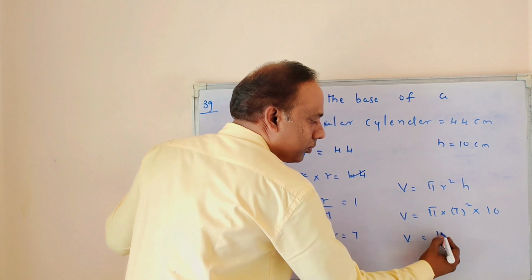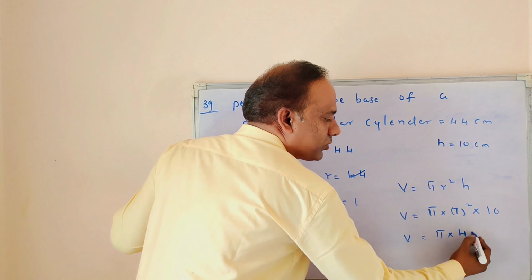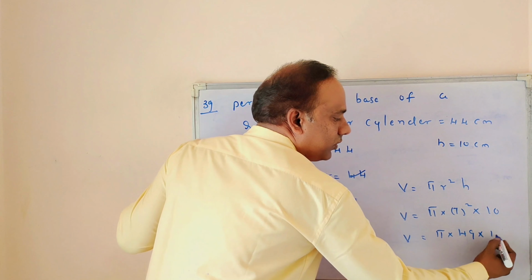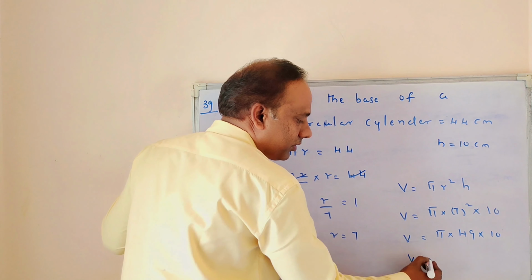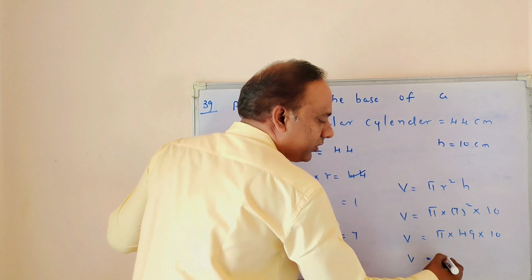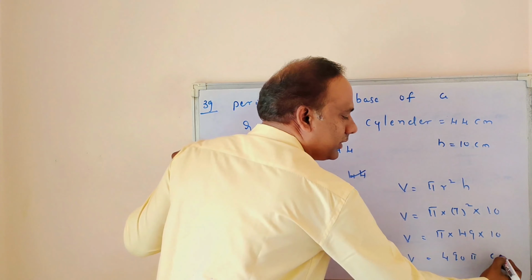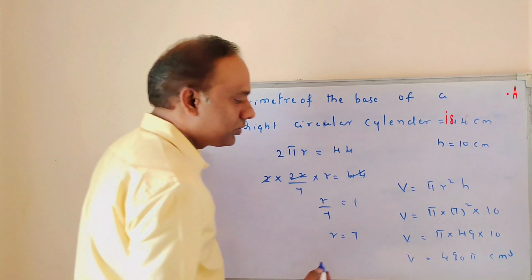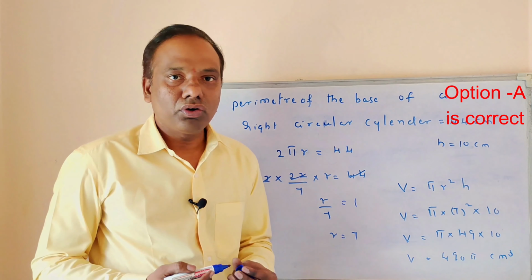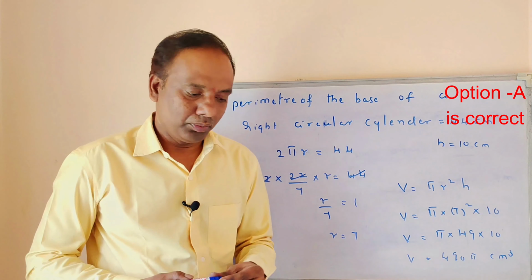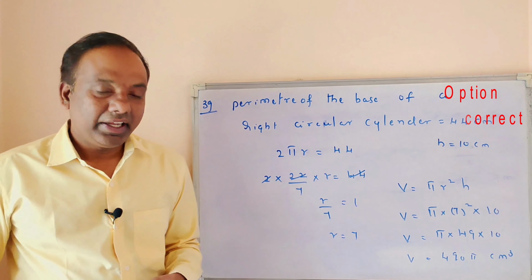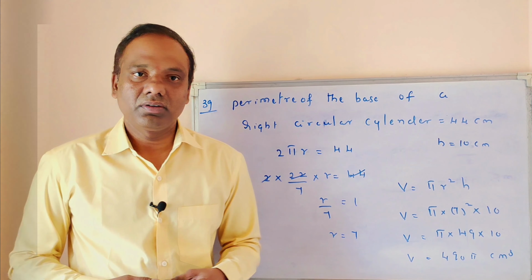So V is equal to pi into 7 square, which is 49, into 10. So 49 into 10 is 490 pi. It is volume now, so centimeter means centimeter cube. So volume is equal to 490 pi centimeter cube. So option A is the correct answer.